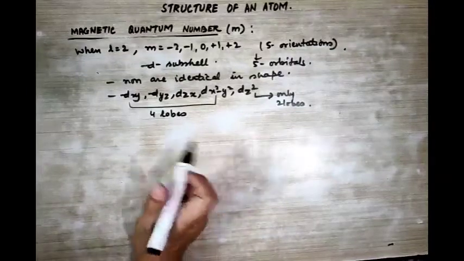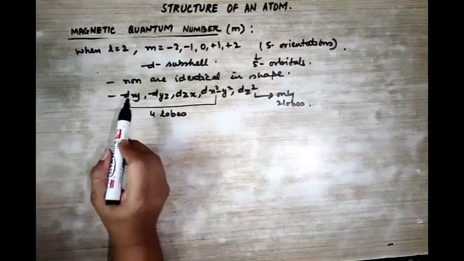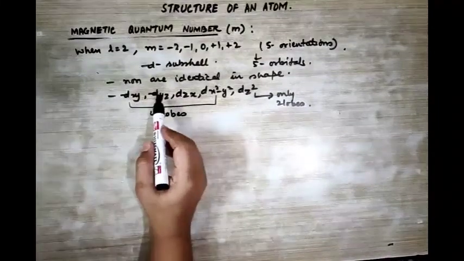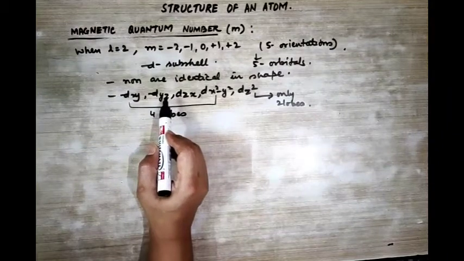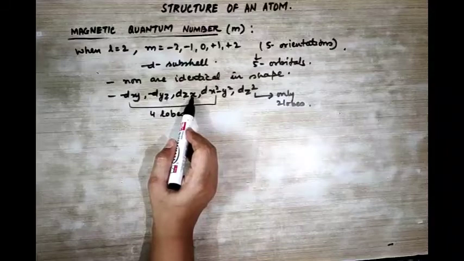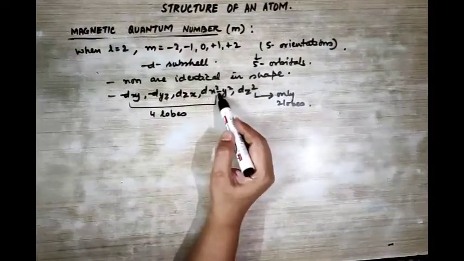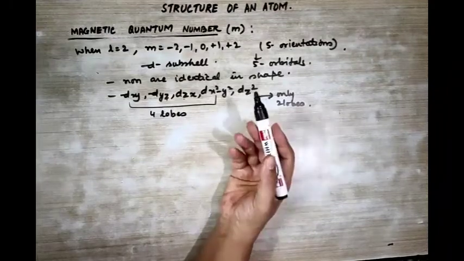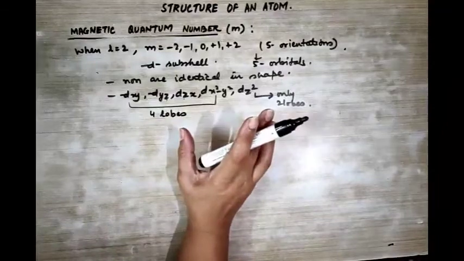So the lobes of dxy orbital, they always lie between x and y. The lobes of dyz, they are going to lie between y and z, and dzx between z and x. Now, 4 lobes of dx square minus y square, where are they going to lie? They will be lying along the x and the y axis.